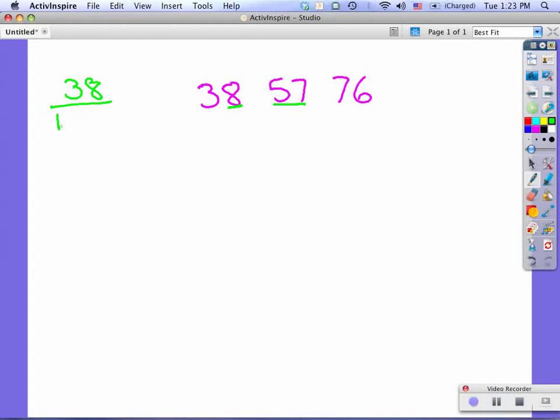One times 38. 2 and 19. And we know 3 doesn't go into it, does it? Does 4 go into 38? Nope. Goes into 36.